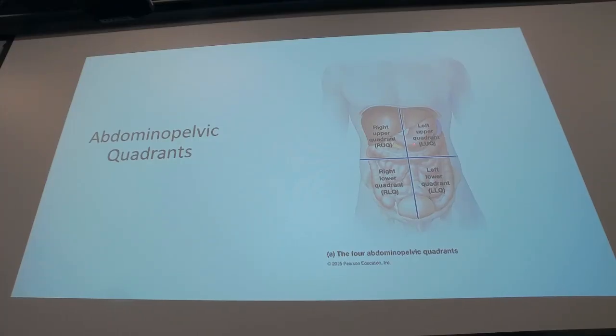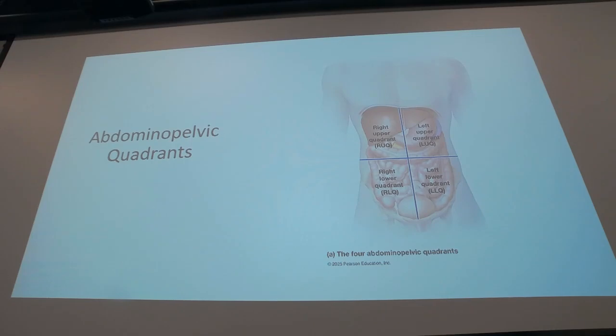RUQ, or right upper quadrant, LUQ, or left upper quadrant, RLQ, or right lower quadrant, and LLQ, or left lower quadrant. It is a major subdivision, and with this major subdivision, something that you can see is the presence of particular organs, and that can give a clue of what is wrong or what organ might be damaged.